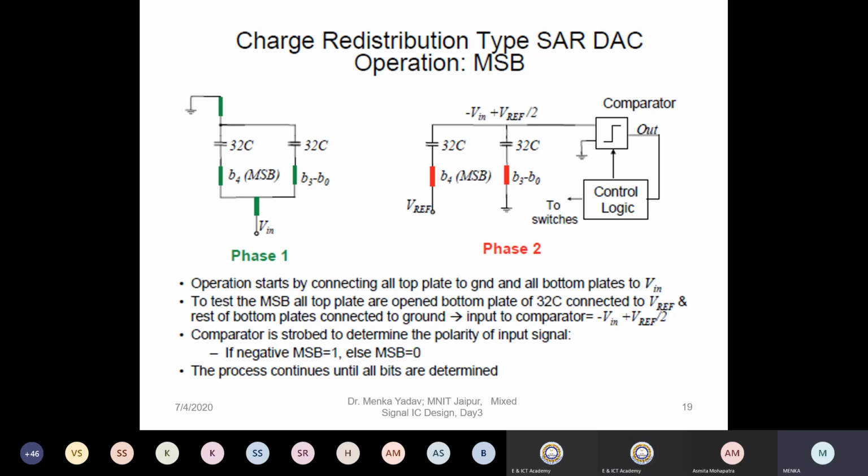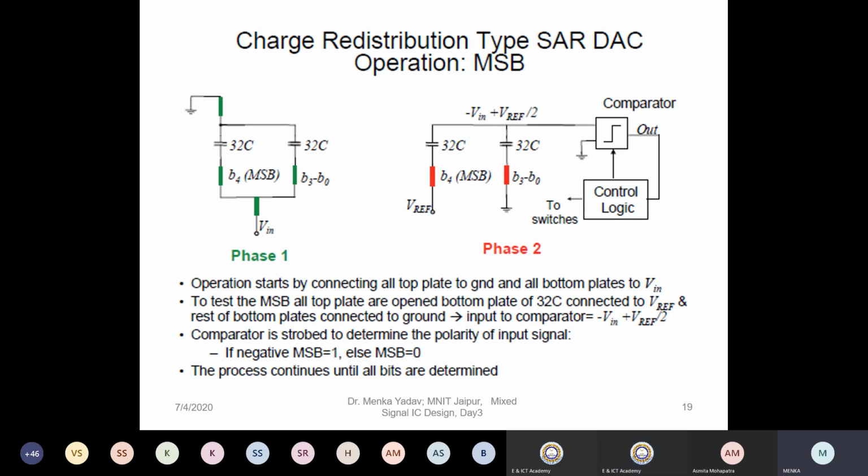So Q is equal to C into V. So if I am able to see VIN at the positive plate side, it means from the negative plate side, I will be able to see minus VIN. Are you able to understand this? Minus VIN at the comparator input.